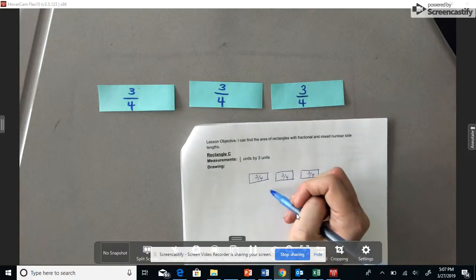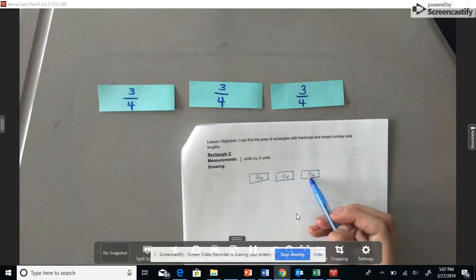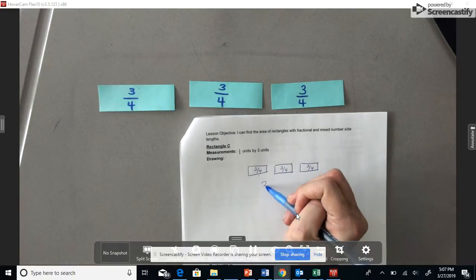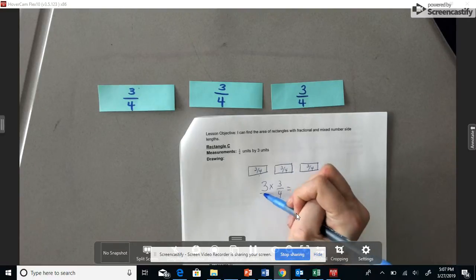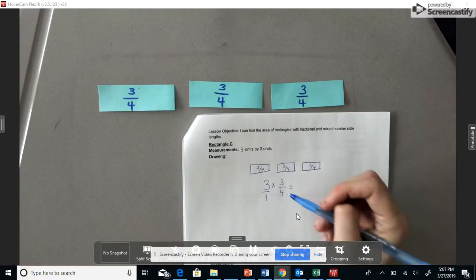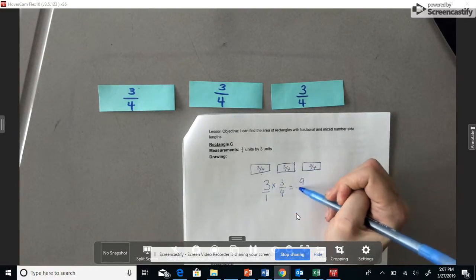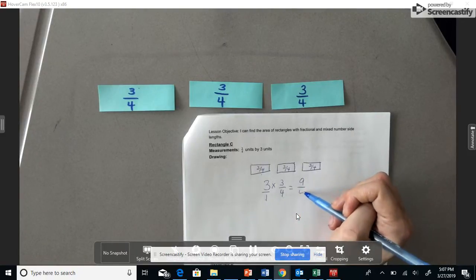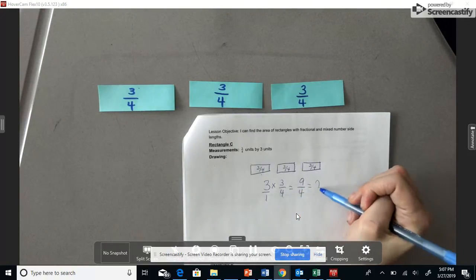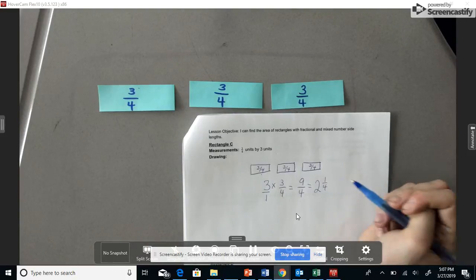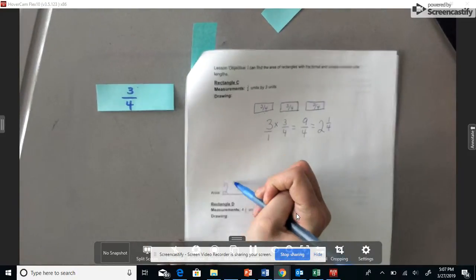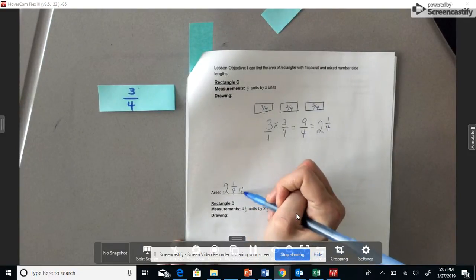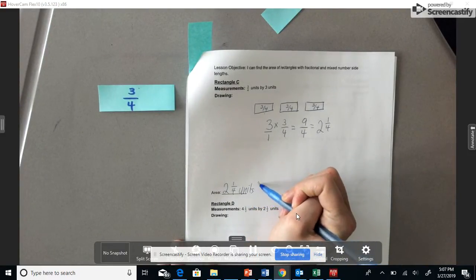And then we could either add 3/4 plus 3/4 plus 3/4, or 3 times 3/4. 3 times 3 is 9. 1 times 4 is 4, which is the same as 2 and 1/4. So our answer would be 2 and 1/4 units squared.